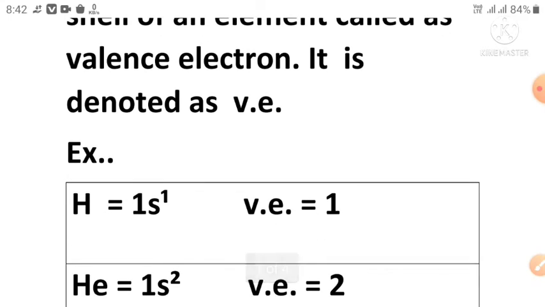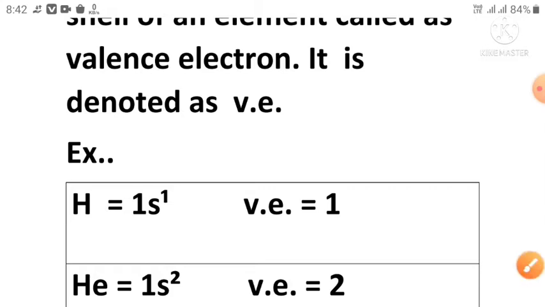Now, before deriving the valence electron from the electronic configuration of an element, first we have to learn how to write electronic configuration. If we know about electronic configuration, we can easily derive valence electron.